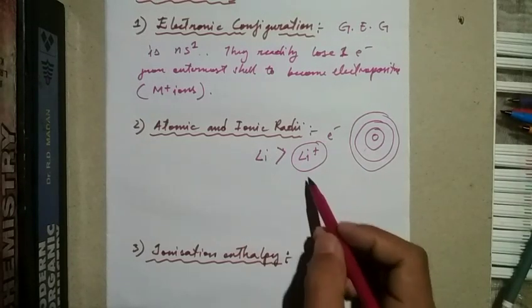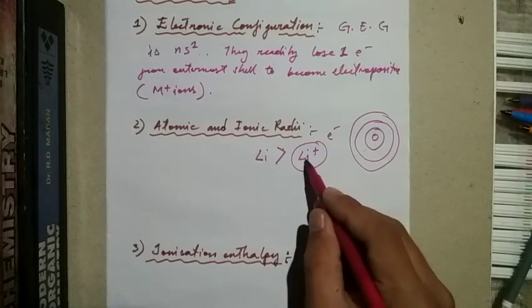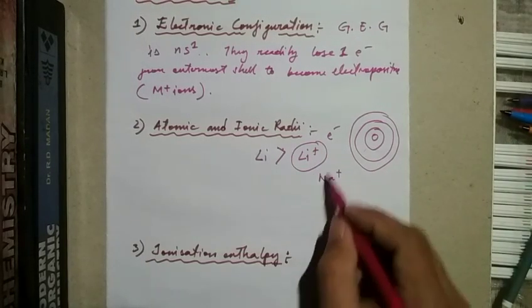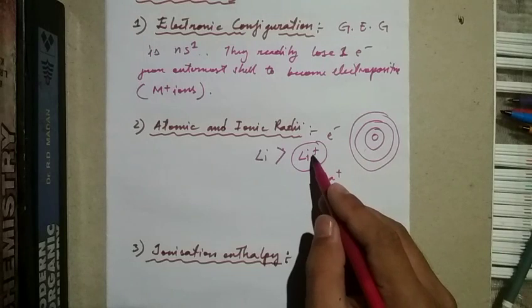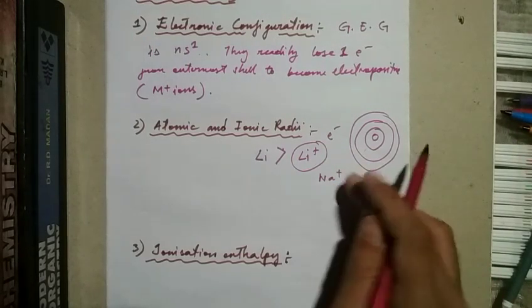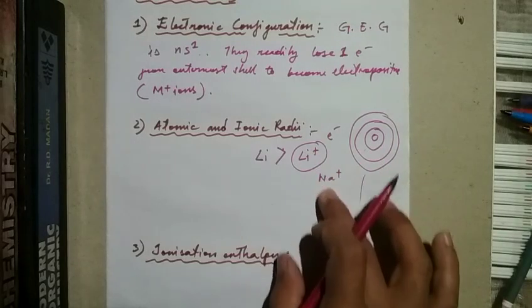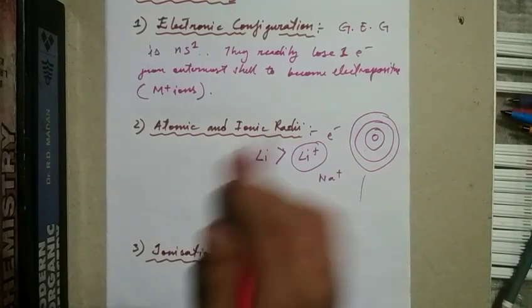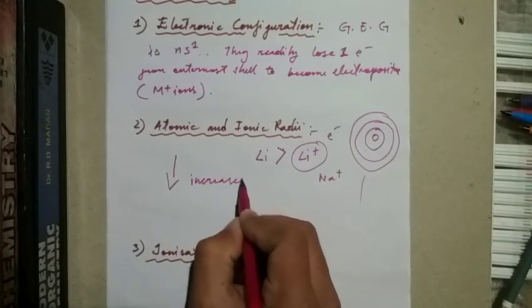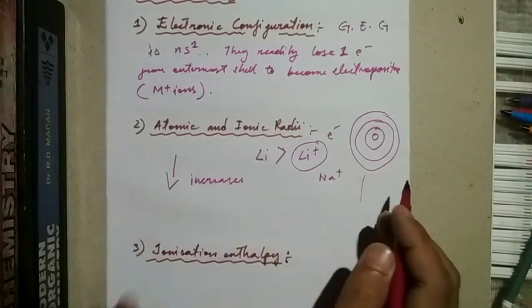If you compare Li plus and Na plus, Na plus will have a larger size. So as we move down the group, the atomic and ionic radii increase.